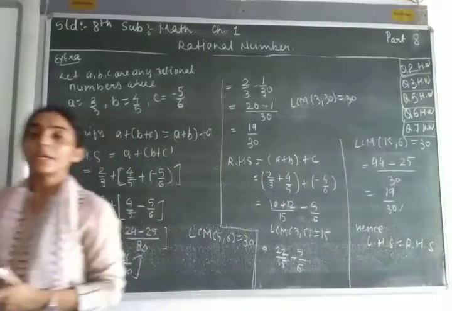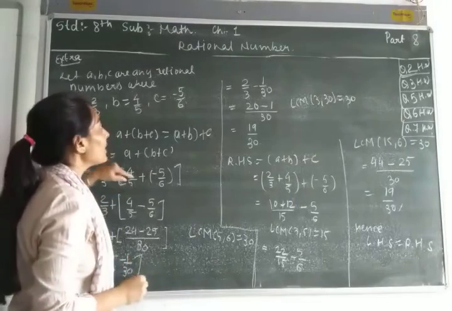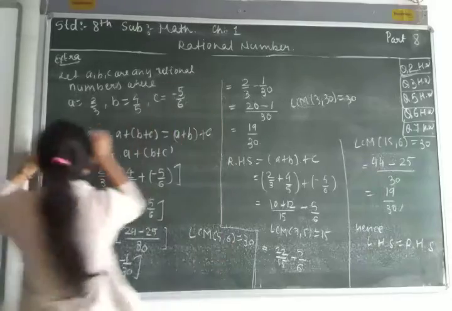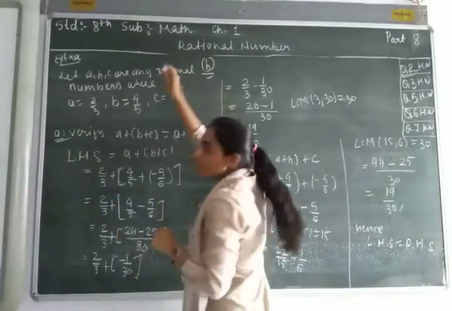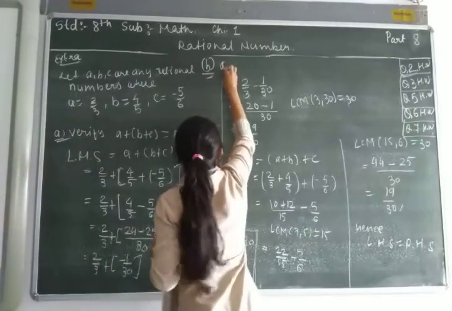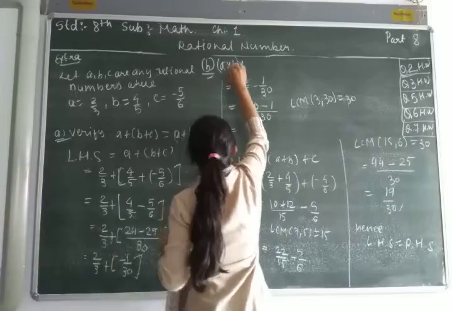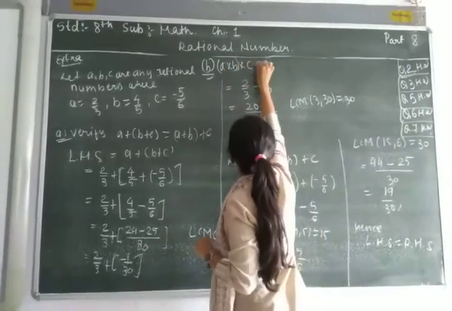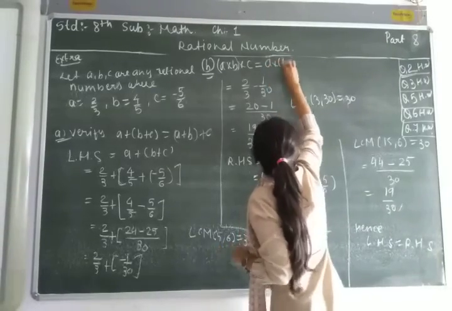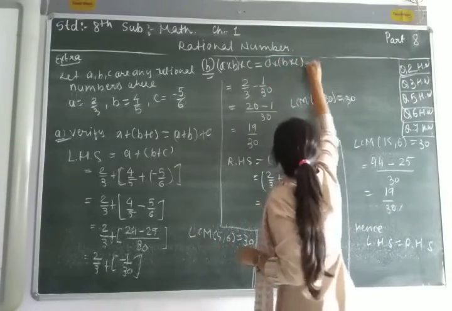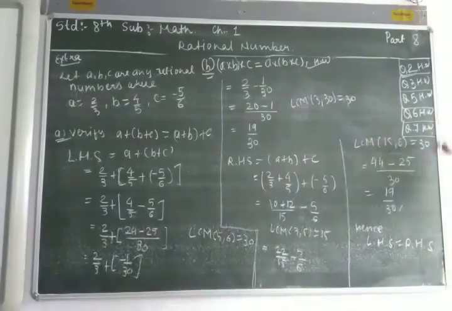Okay. Now in your homework, you have to verify. So this one is my property A. For B in your homework, you have to check A into (B plus C) equals A into B into C. So this one is in your homework. What is your homework over here?